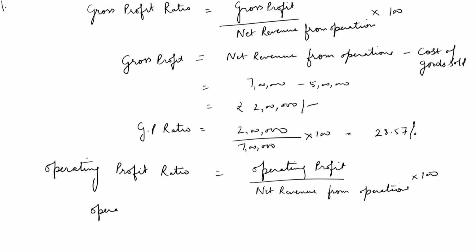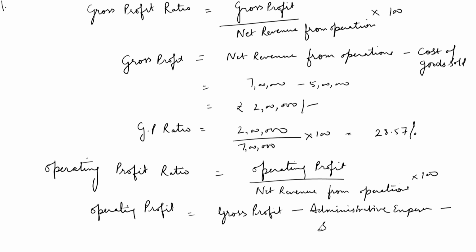Computation of operating profit means gross profit, which we just computed amounting to rupees 2 lakh, and out of that gross profit we will deduct the operating expenses, that is administrative expenses and selling expenses.